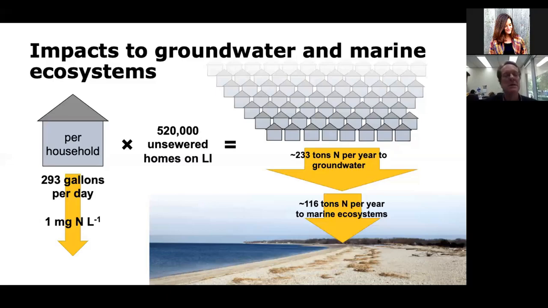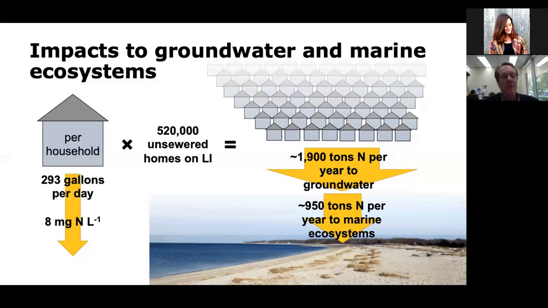So that means for 1 milligram of nitrogen reduction, if you can reduce it by 1 milligram, that's going to save you in nitrogen loading to the marine systems 116 tons of nitrogen per year for these houses.